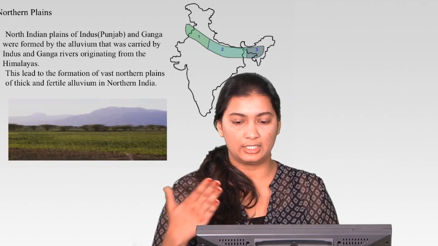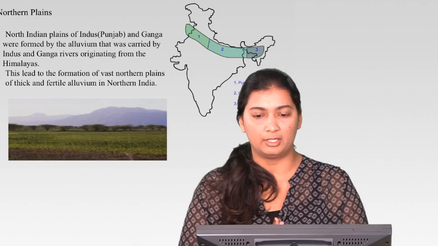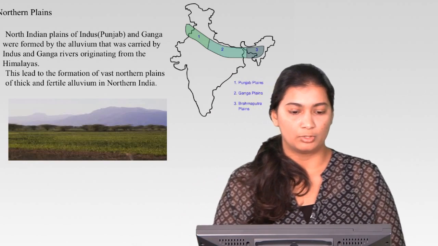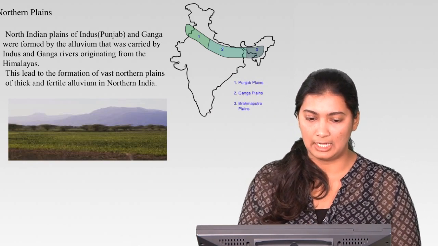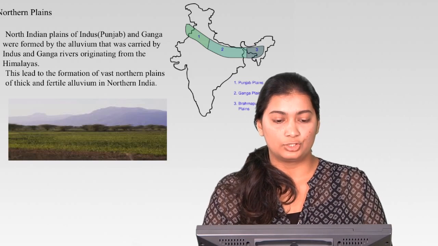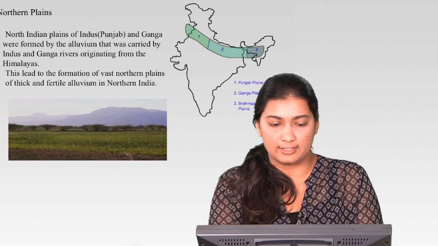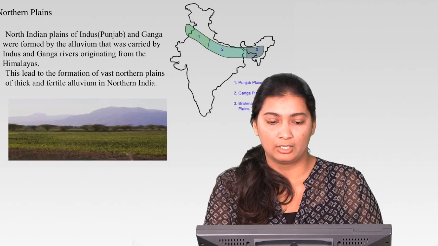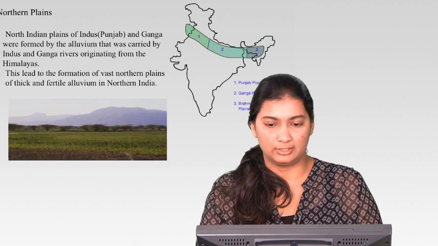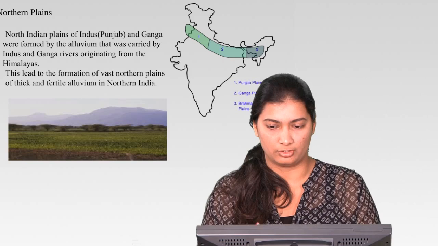As you can see, there are three parts of the northern plain, and all of them are really fertile regions. So naturally there is agriculture, and there's a lot of greenery, as you can see in the picture on the left side.